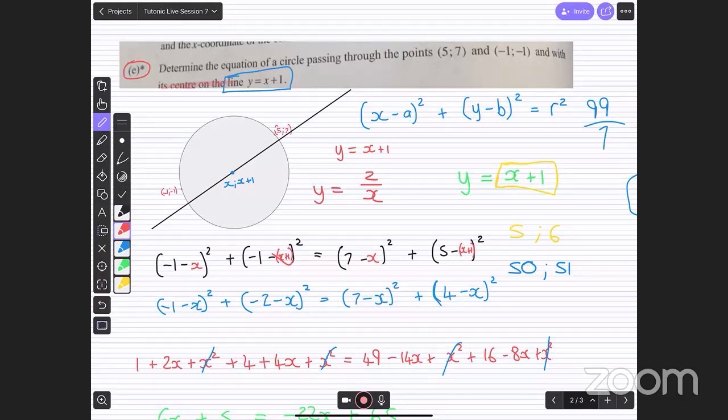If y is equal to 2 over x was given instead of y equals x plus 1, would our y be 2 over x? Yes, it'll be x and 2 over x.